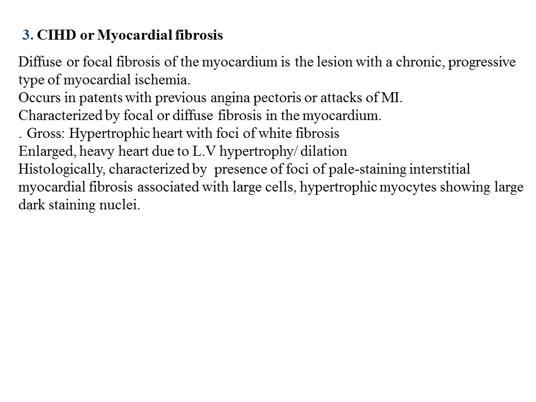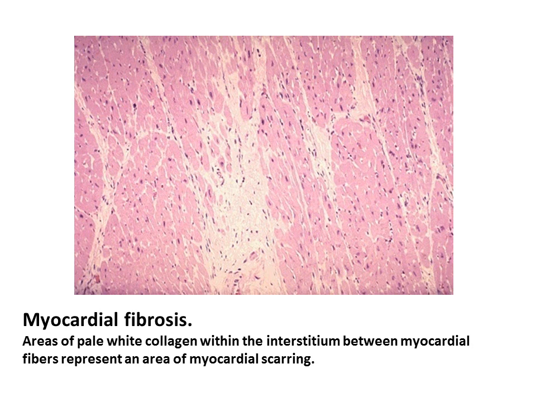Grossly, the heart is hypertrophic with enlarged size and reveals foci of white fibrosis, and histologically it shows interstitial myocardial fibrosis that is pale in color, with hypertrophic change and large staining nuclei. In this picture, you can see foci of myocardial fibrotic tissue, pale in color.